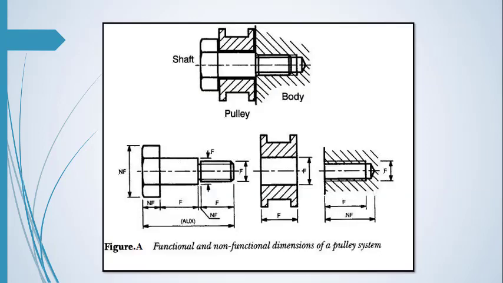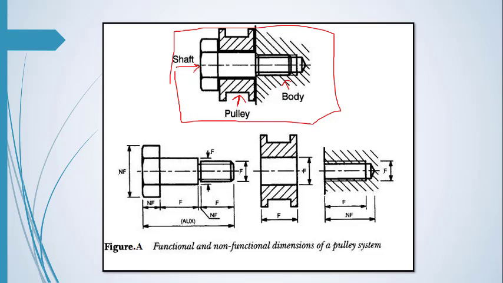On the other hand, you can see here the detail of a function or size dimension. Here you can see that a mechanical part is given to us, and in the mechanical part, the first part is the shaft, the second one is the pulley, and the other is the body.